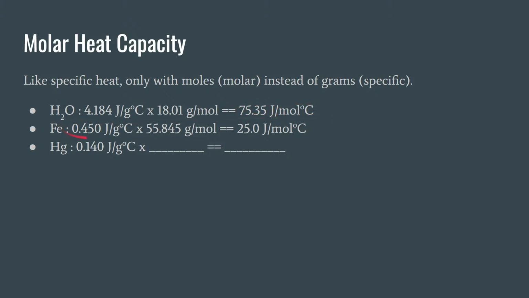Iron, meanwhile, is 0.450 joules per gram degree Celsius and has a molar mass of 55.845 grams per mole, giving it a molar heat capacity of about 25 joules per mole degree Celsius. And now we can do the same sort of thing with mercury.